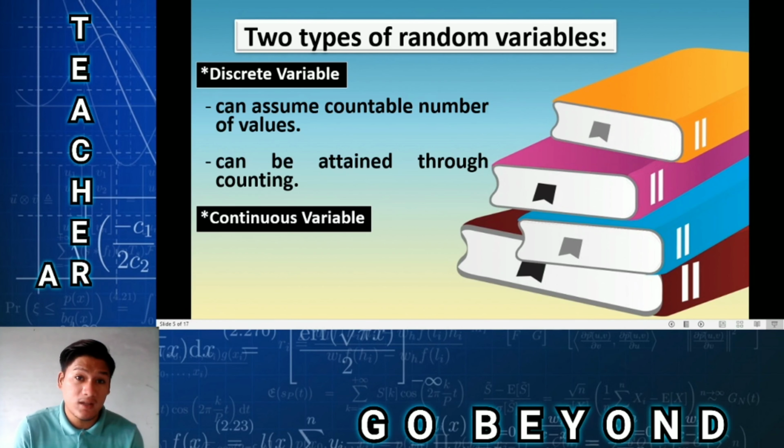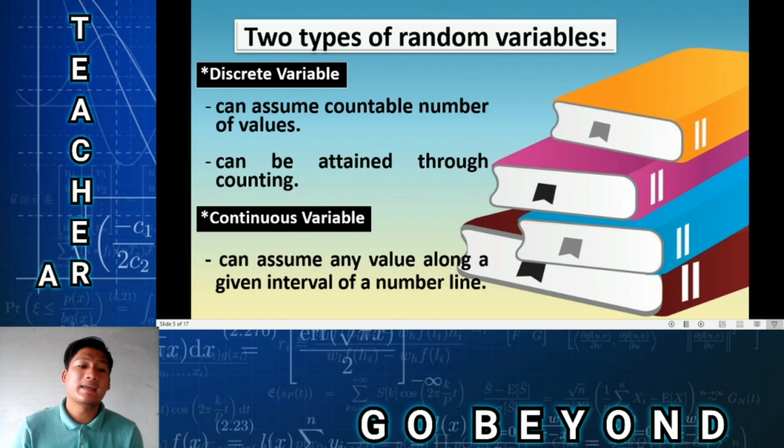Again, how do we count a number? We count in a way that we use the whole numbers like 1, 2, 3, 4, 5, 6, and so on and so forth. On the other hand, we have the continuous variable. Continuous variable means it can assume any value along a given interval of a number line.